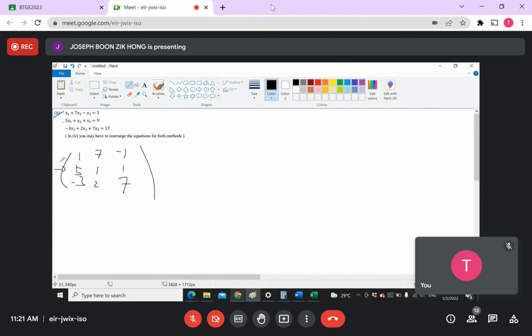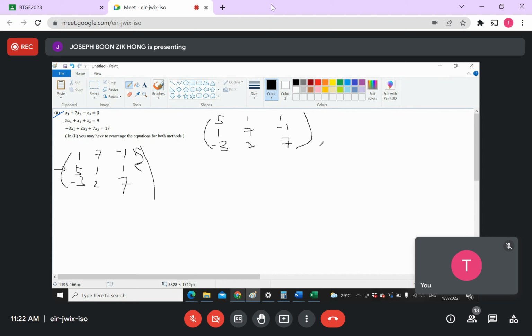If you check the second row or the first row, you will find 5, 1, 1 and 1, 7, 1. 7 is much greater than 1 and -1, and 5 is also greater than 1 and 1. So what we do here is swap the rows. We make it into 5, 1, 1, 1, 7, -1, and then -3, 2, 7. Now it is diagonal dominant.